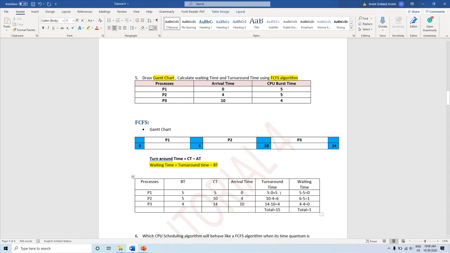So now easily we have calculated the turnaround time and waiting time, and this is their total, and average is total divided by number of processes, that is 3. So 1 divided by 3 is the average waiting time.